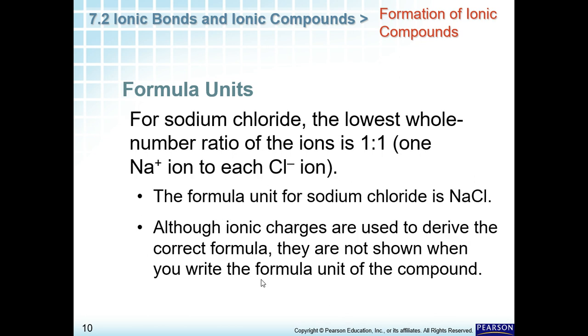So for sodium chloride, the lowest whole number ratio that it reduces into is a 1-to-1. There's 1 sodium for every 1 chlorine. Now, although ionic charges are used to derive the correct formula, they're not shown when you write the formula unit, which means you don't bring down that negative and you don't bring down that positive.